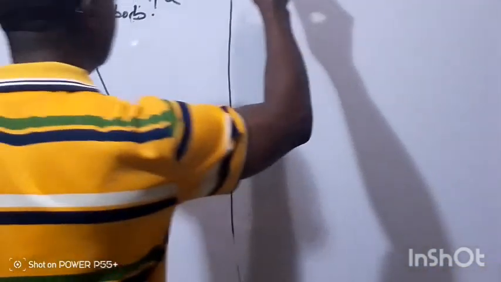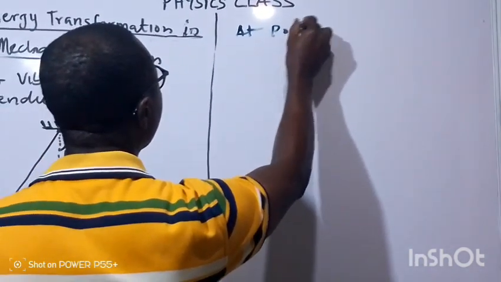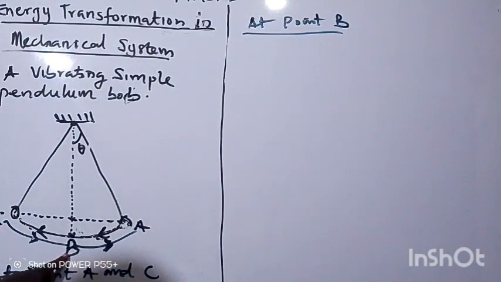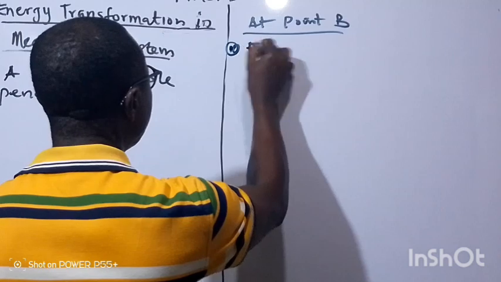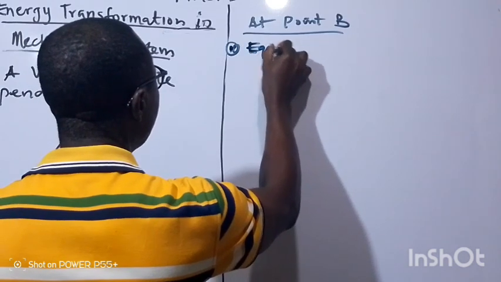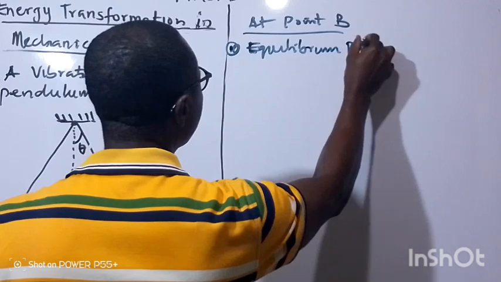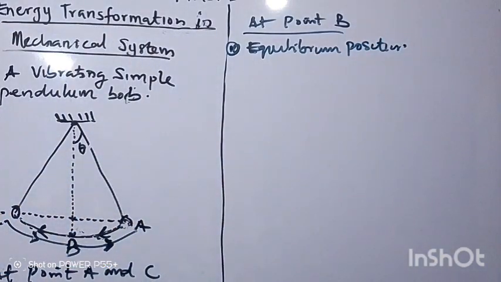Now at point B, the pendulum will be at equilibrium position. 2.